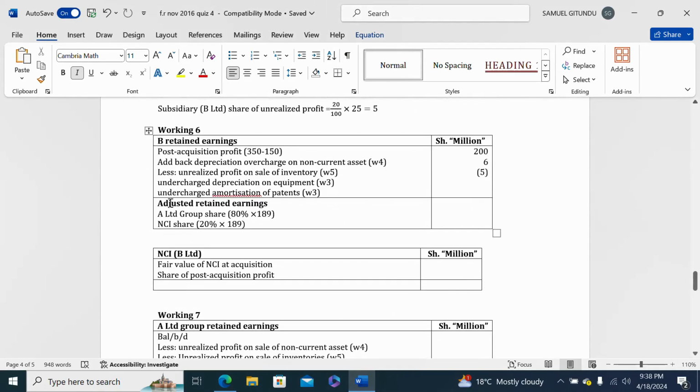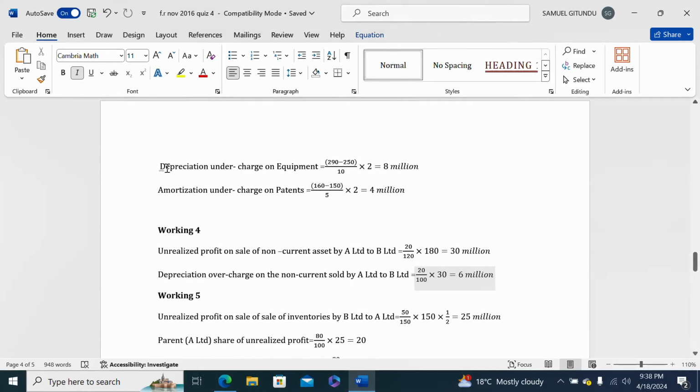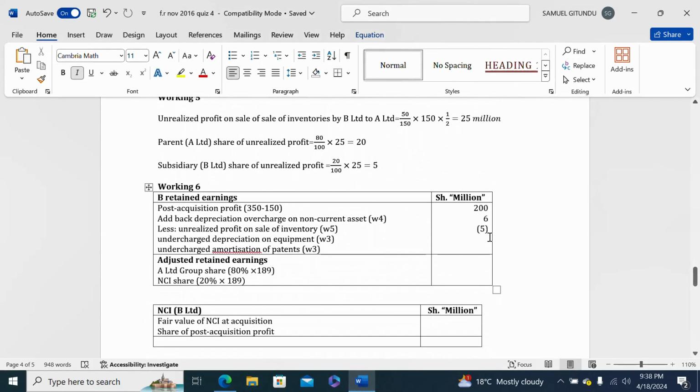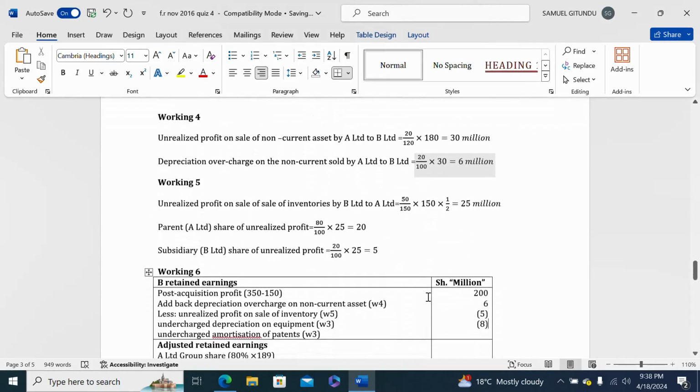So we deduct the undercharged depreciation on equipment in working note number 3, which is 8 million. So this one is 8 million, not 3.